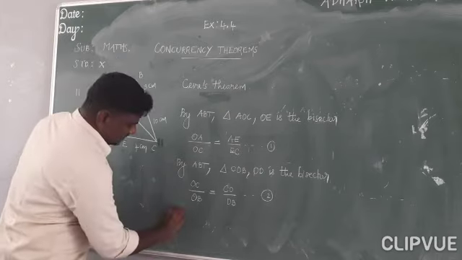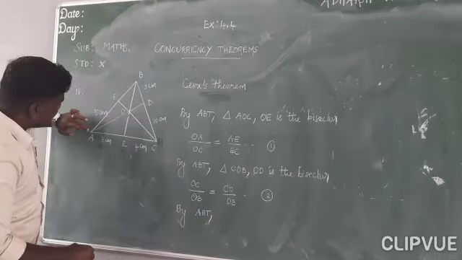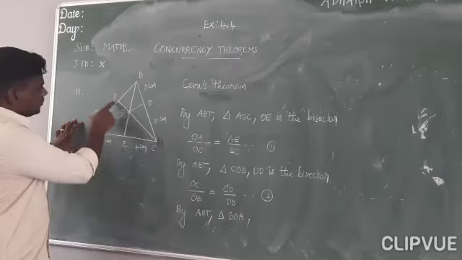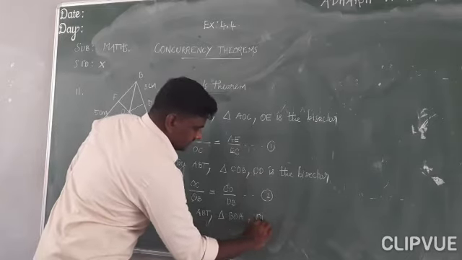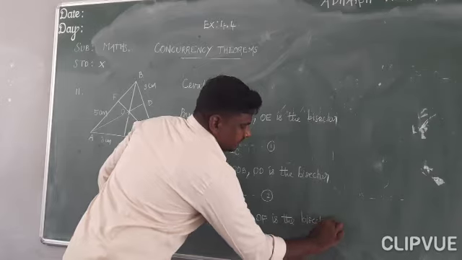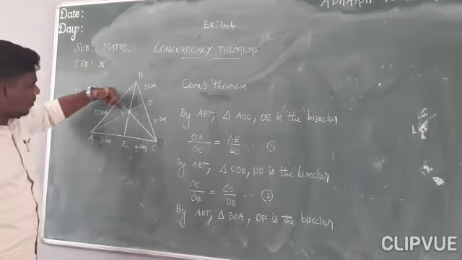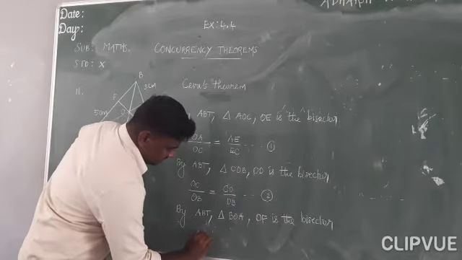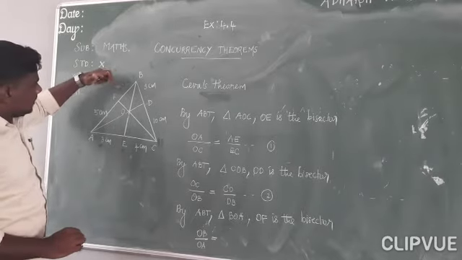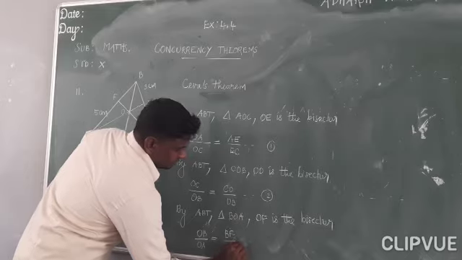And the third one by ABT, triangle BOA. Here OF is the bisector. Using the angle bisector theorem we can write OB by OA is equal to BF by AF. This is 3.